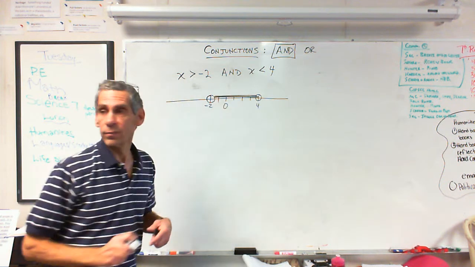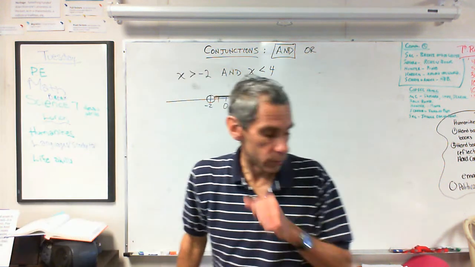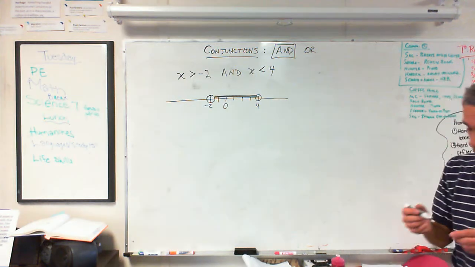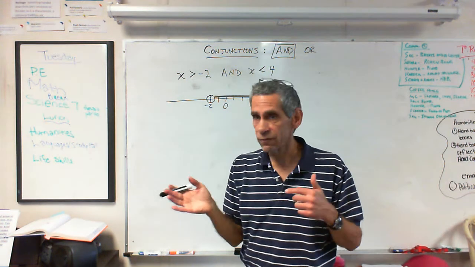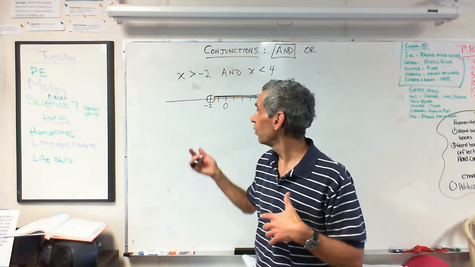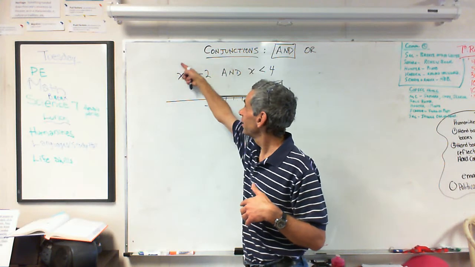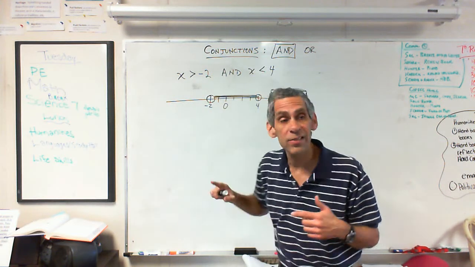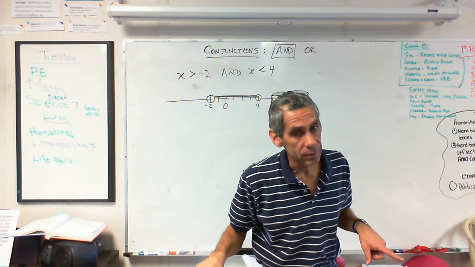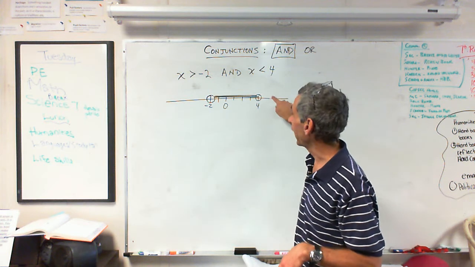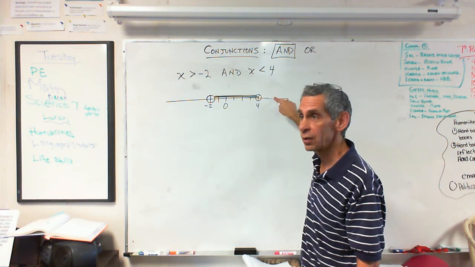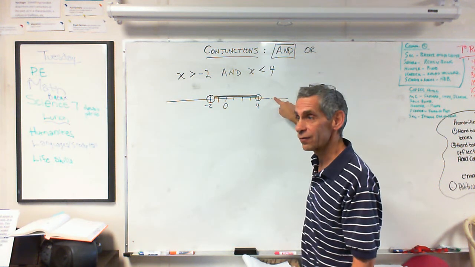So you have to put an arrow going back? You don't need an arrow. Oh, because the arrow represents an infinite line. Yes, that is an infinite line, but because I'm saying "and," they both have to be true. Here, x is greater than -2, but it's not less than 4, so it's not a solution.